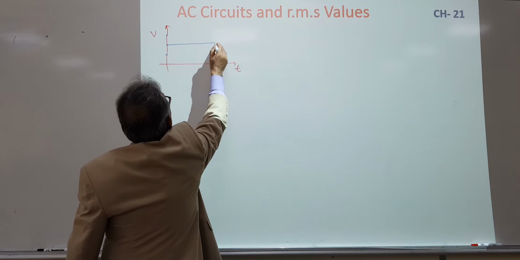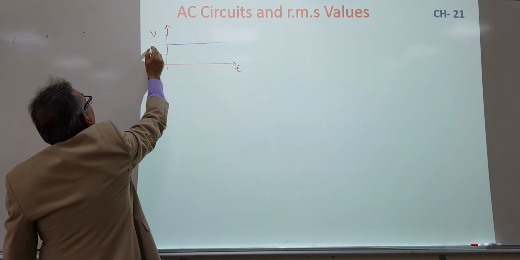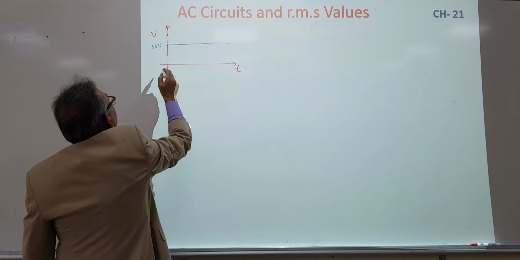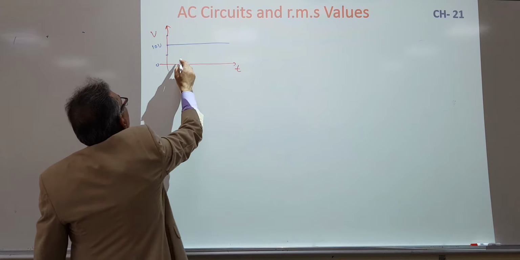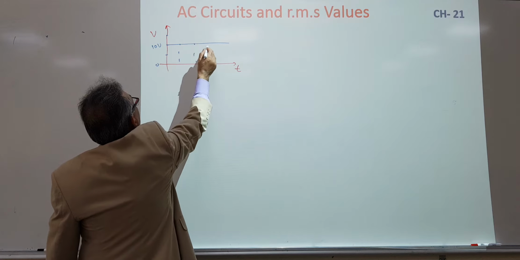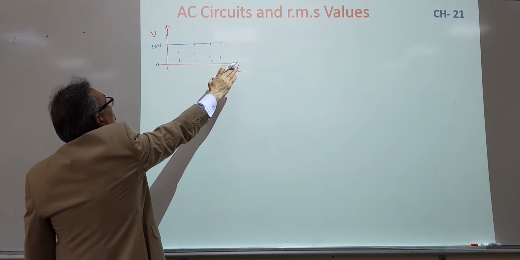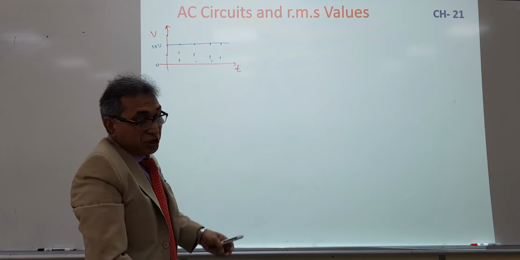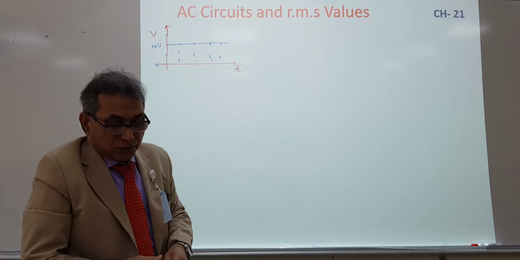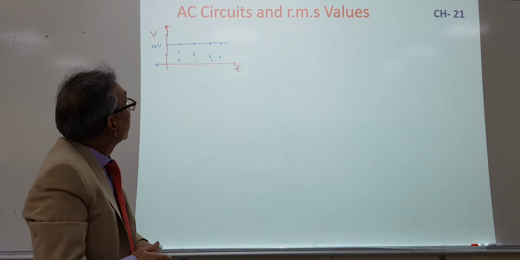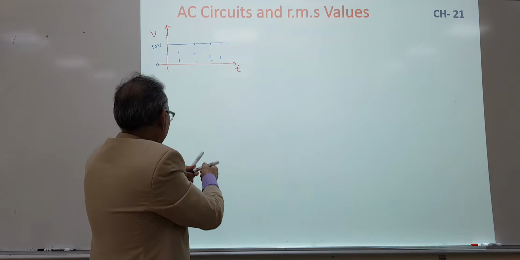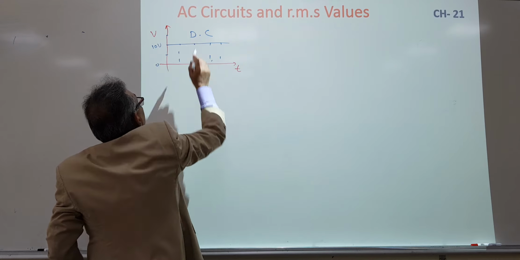For example, this is 10 volts DC. This is positive, this is 0, this is negative. So this is almost constant over time. It does not change, the value of voltage or current remains constant. So this is the DC waveform, direct current.